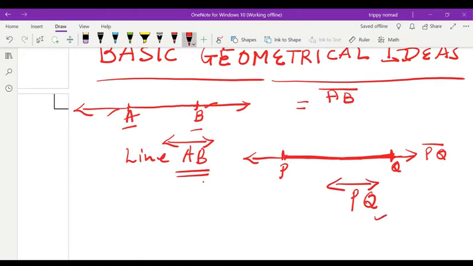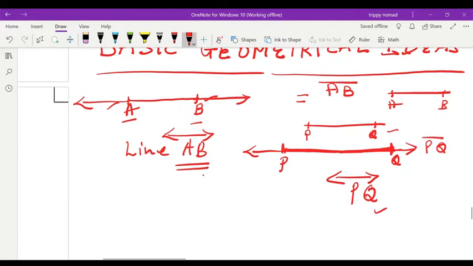For a line segment you draw A and B, or P and Q. If you can't extend it in both directions, it is called a line segment. If you can extend a line segment in both directions, it is called a line.